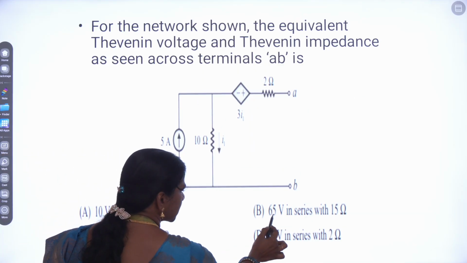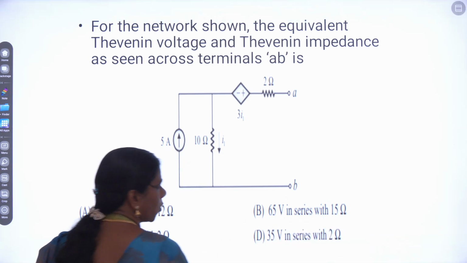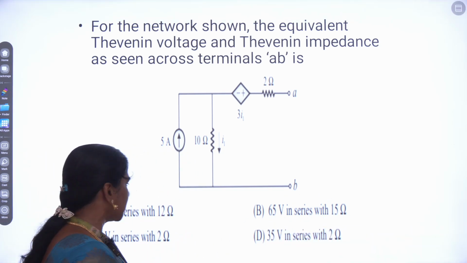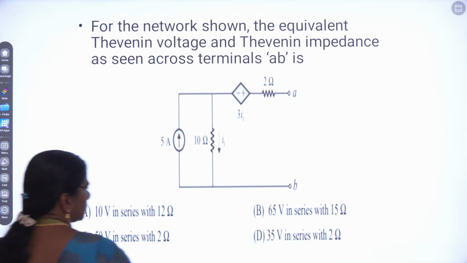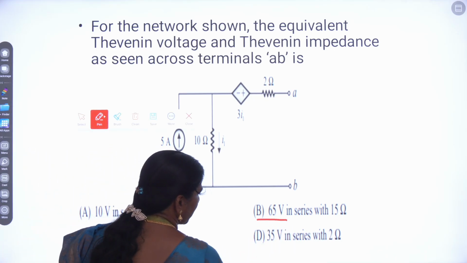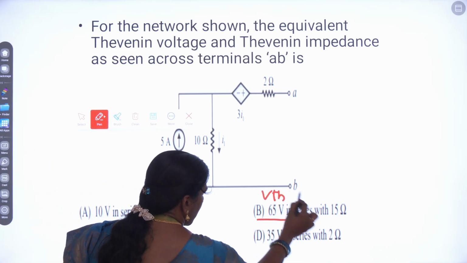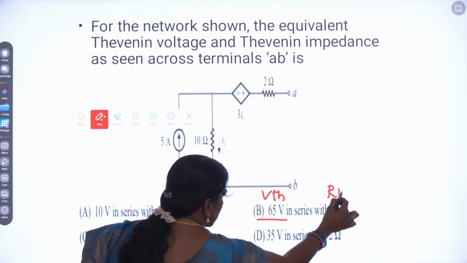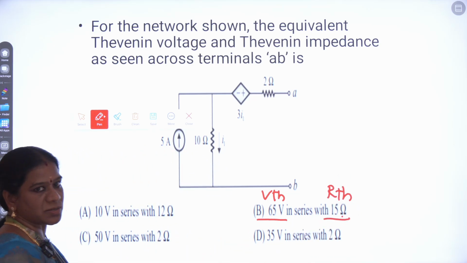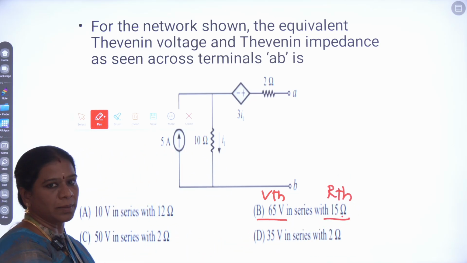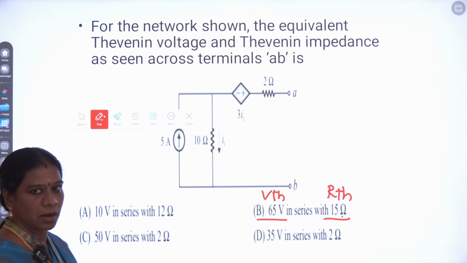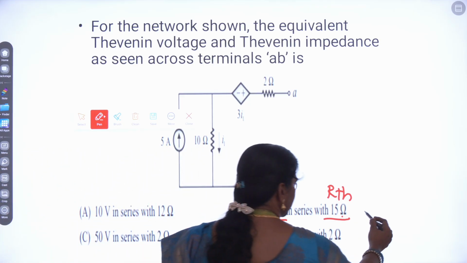Here we see 16 volt in series with 15 ohms. So 16 volt will be the Thevenin's voltage VTH and 15 ohms will be the Thevenin's resistance RTH. So in this problem, option B will be the correct answer. Like that we can conclude this problem.